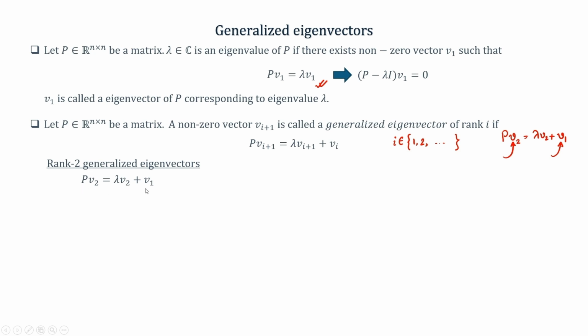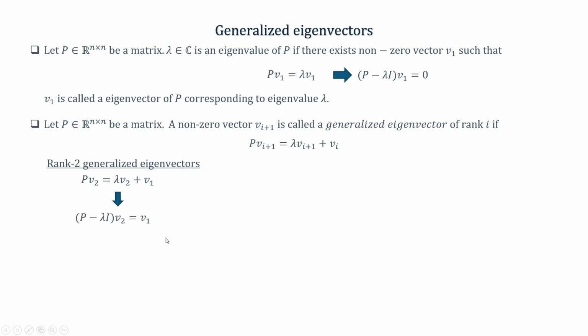A rank 2 generalized eigenvector will satisfy this equation, P V2 equals lambda V2 plus V1, where V1 is an eigenvector. Remember, this is an eigenvector here, not a generalized eigenvector, but an eigenvector that satisfies this equation. If you have such an equation, then we will call V2 a rank 2 generalized eigenvector. Remember, this is not the rank of a matrix. This is just a name, generalized eigenvector of rank 2.